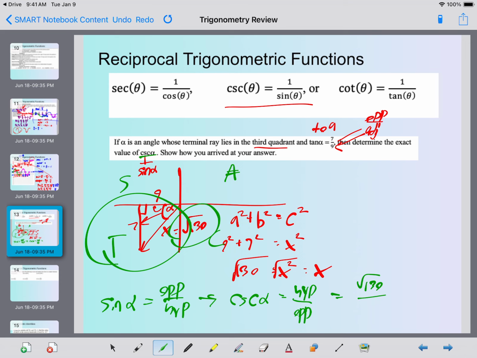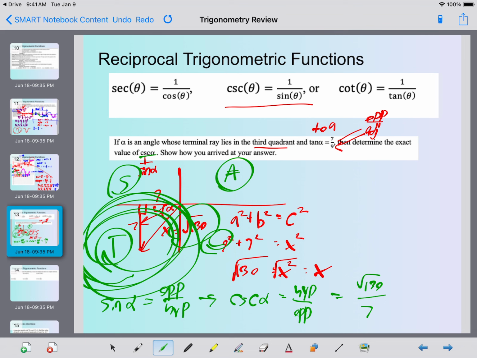Radical 130. What is your opposite? 7. All students take calculus. In quadrant 3, is sine positive? No. So if sine isn't positive, its reciprocal function wouldn't be positive. 1 over a negative is still negative. So again, whatever you think you're going to be able to do, you do it.